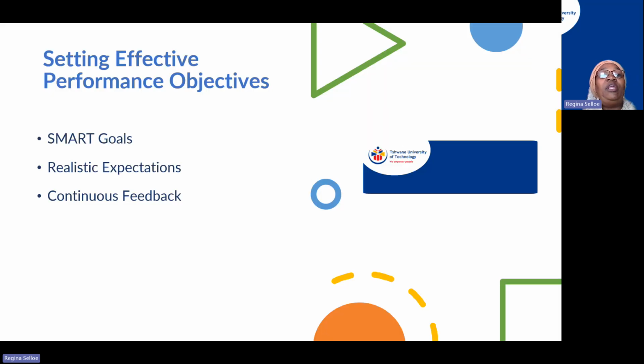And then we need to set effective performance objectives. To be effective, performance objectives should include SMART goals, realistic expectations, and continuous feedback. What do we mean by SMART goals?